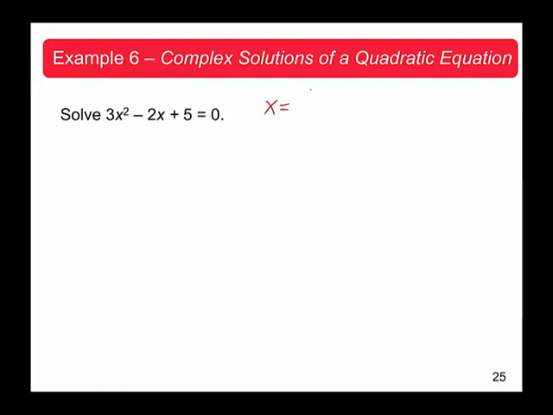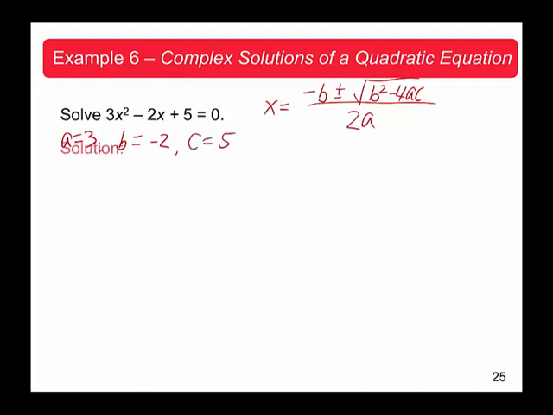So the quadratic formula, that's what we're using to solve it. x equals minus b plus or minus radical b squared minus 4ac, divided by 2a. So here a is 3, b is -2, c is 5. All we have to do is plug all the numbers into the formula.